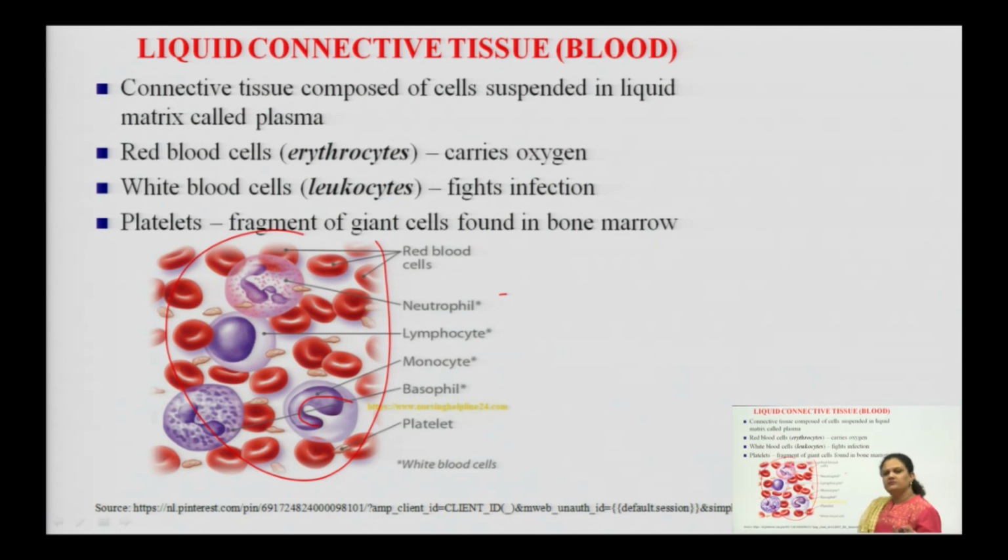These monocytes are so named when immature. After maturing, they become macrophages, and macrophages are responsible for engulfing foreign particles and maintaining our immunity. Then the basophils, and the small white irregular shaped structures are the platelets.